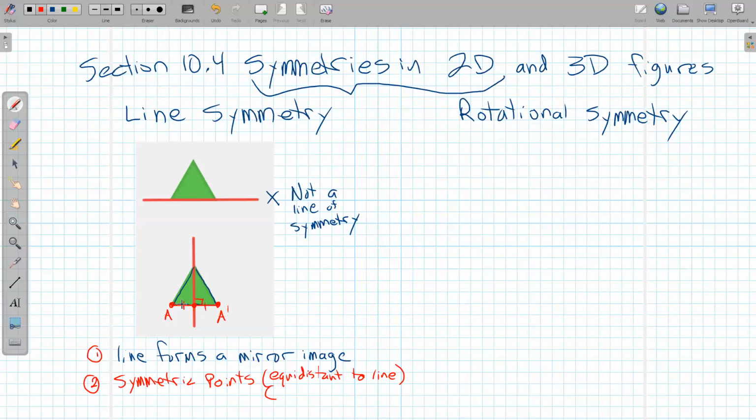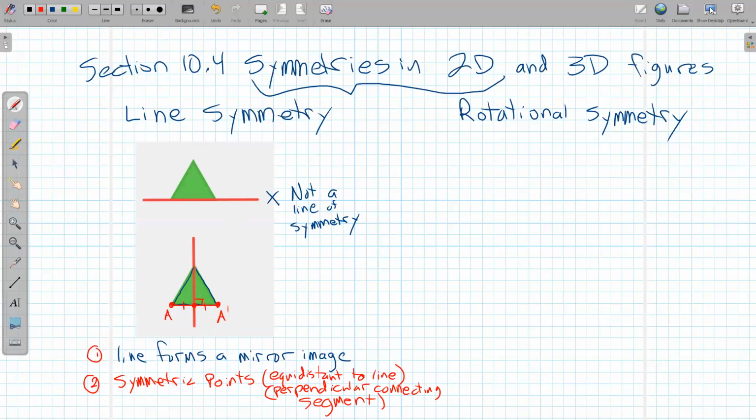And two, the segment connecting them is perpendicular. So that's how we would determine if we have a line of symmetry. And we don't always, so we'll come back and play around with that a little bit.